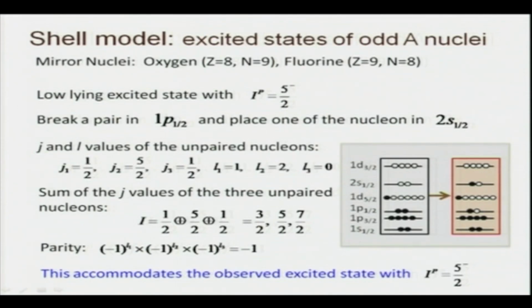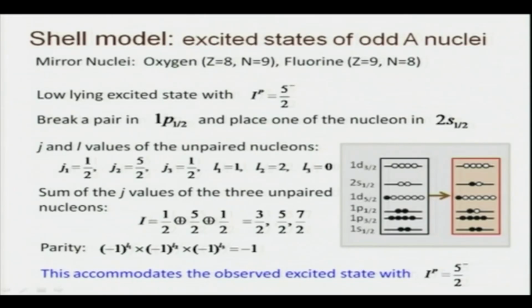So, this is another possibility. So, you think about different possibilities and then see if that can be accommodated. It can be accommodated, these kind of possibilities are there. Only thing is that we have to deviate from the extreme independent shell model, where there is only one unpaired nucleon. Here we have 3 nucleons and this is what it comes out to be.